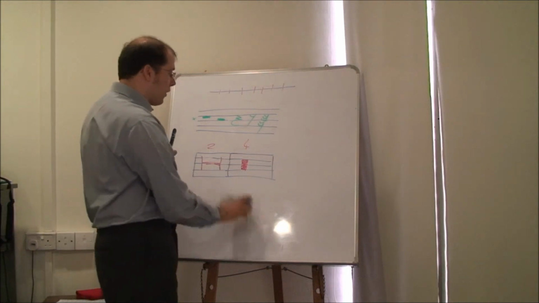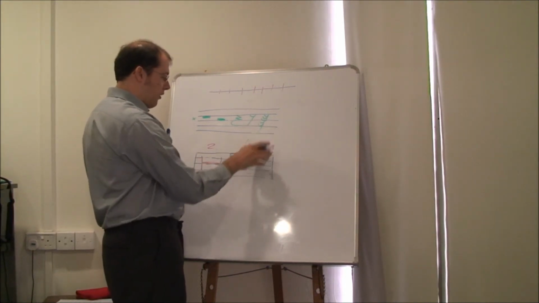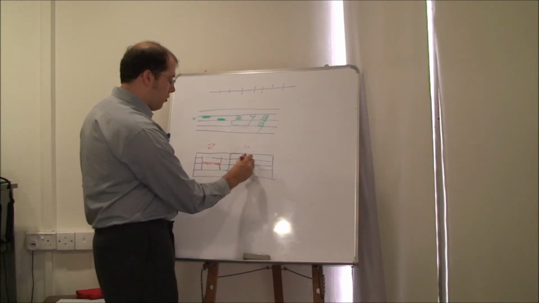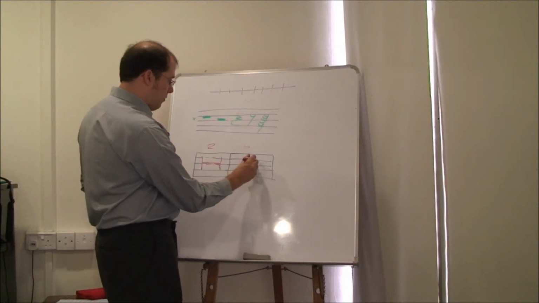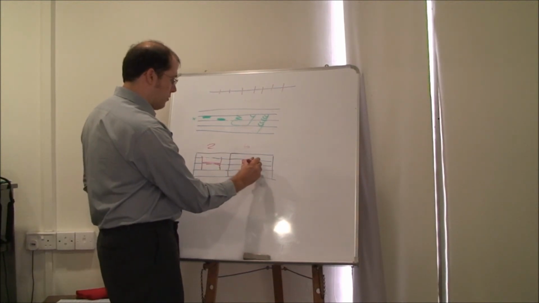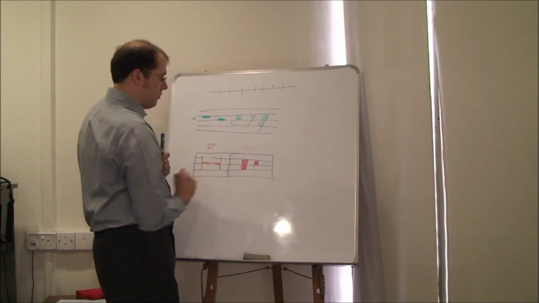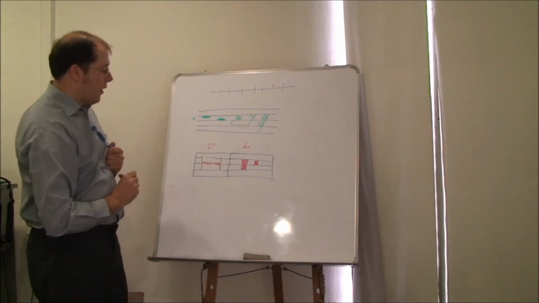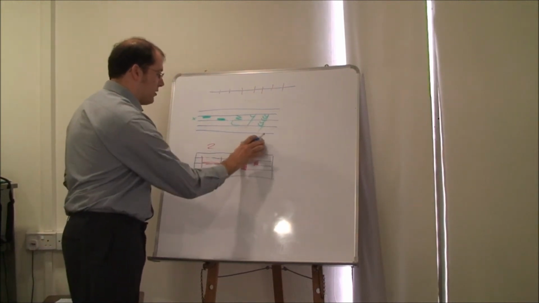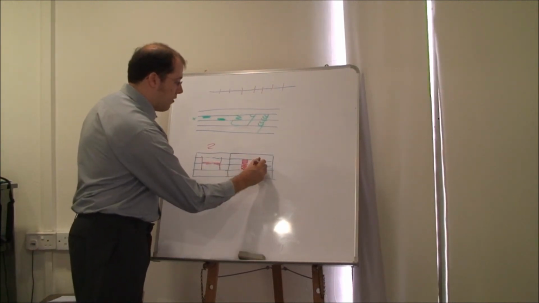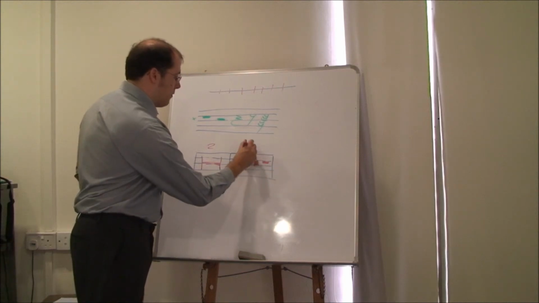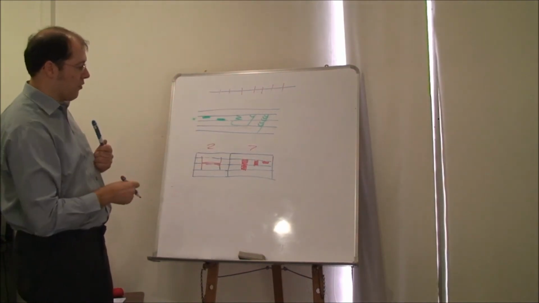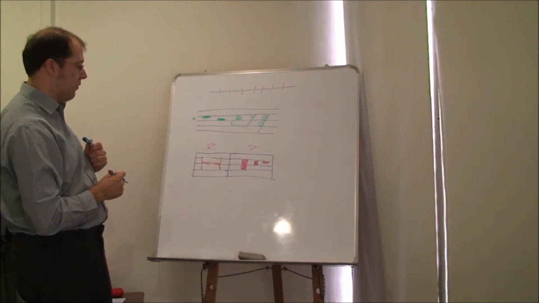Then you can just add on. So if you want 6 bars of rest, you go 4 plus 2. That gives you 6. And if you want 7 bars of rest, you add a 1. And so you could go on and add on rests up to however many bars you need.